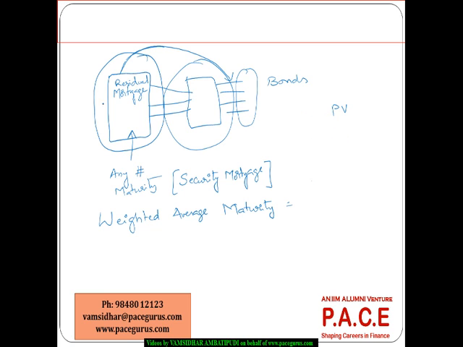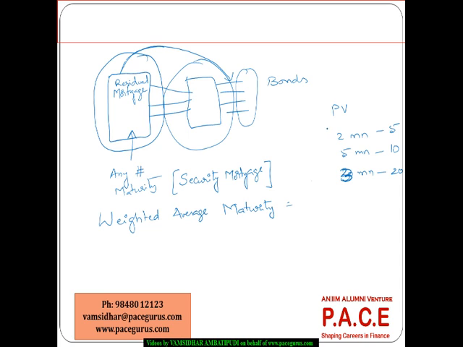So let's say there is a mortgage worth 2 million for a 5-year period, there is a 5 million loan which is outstanding for 10 years, and there is a 3 million loan which is outstanding for 20 years.